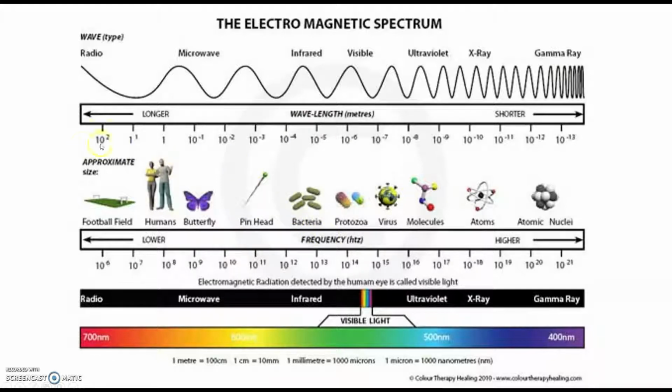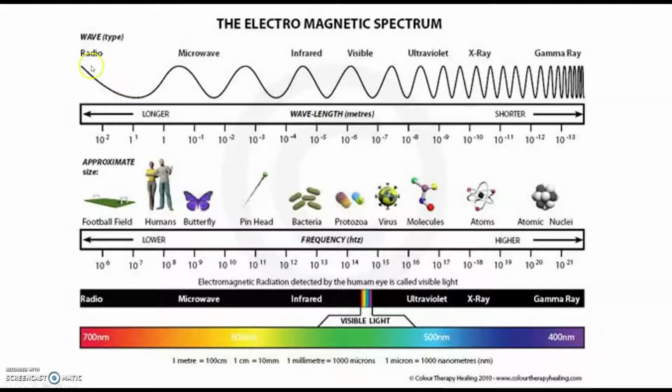You do not need to know their numbers, but you do need to know that radio waves come before microwaves, infrared, visible, ultraviolet, X-rays, and gamma rays. You need to know that order, and that the longest is radio waves and the shortest is gamma rays. You need to know those.